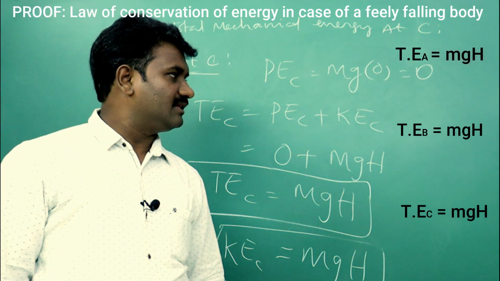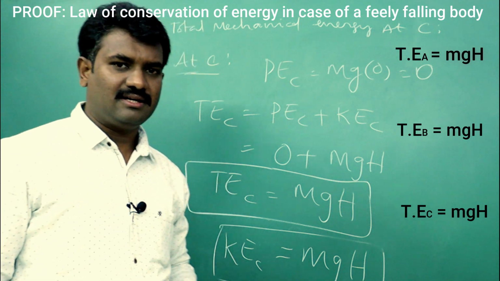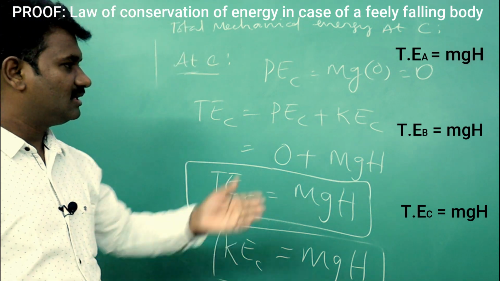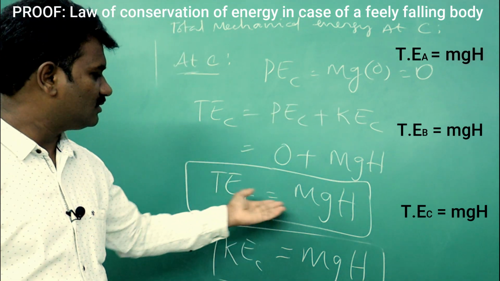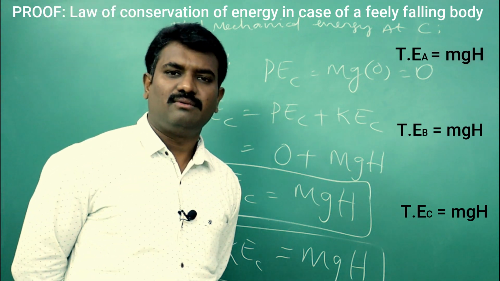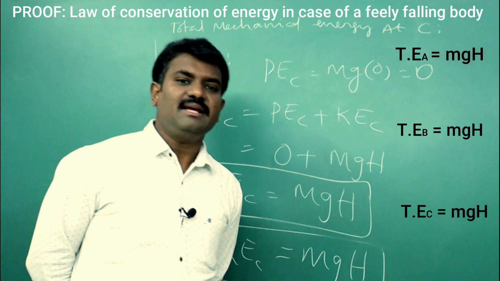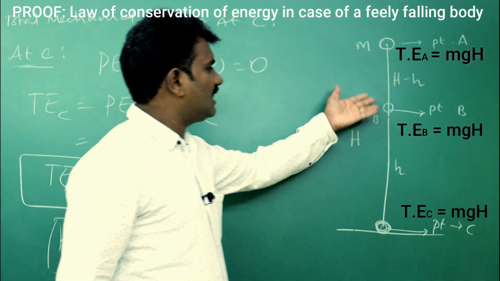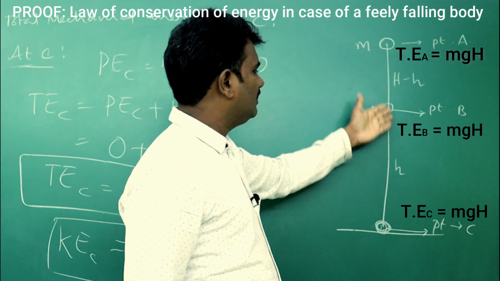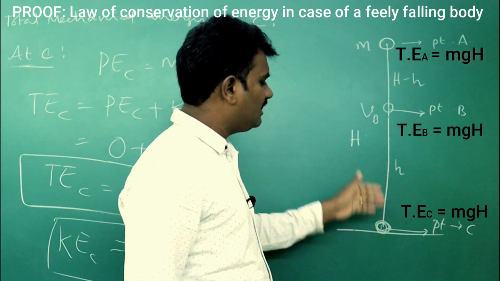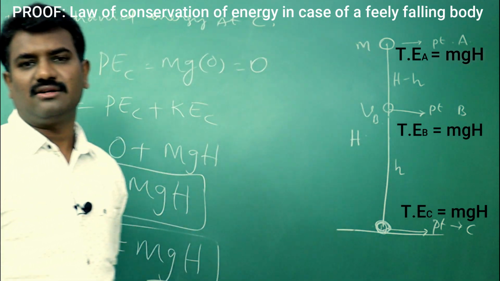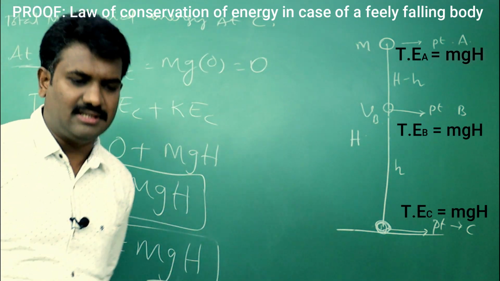It is proved that total energy at A is mgH, at B also mgH, at C also mgH. Hence we have proved that the total mechanical energy remains constant at any point. B means it is an arbitrary point. It could be here, here, here, anywhere in between A and C. So it is proved that the total mechanical energy remains constant.